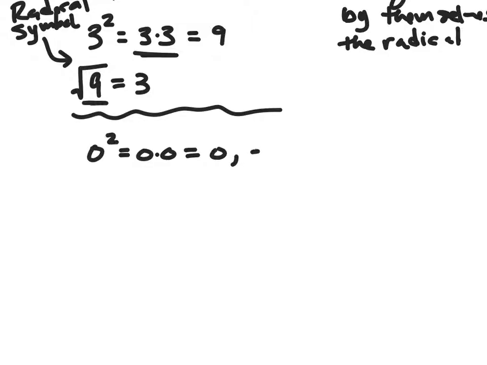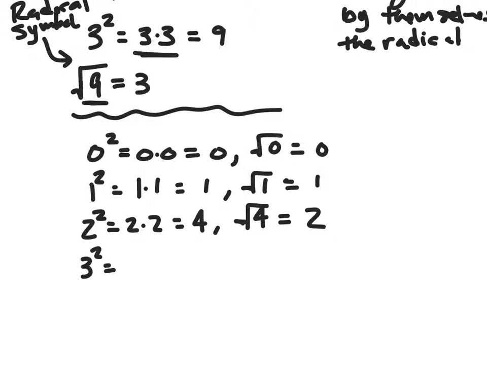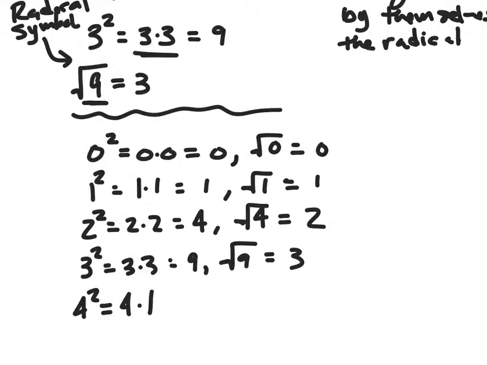So the square root of 0 is 0. 1 squared is 1 times 1, which gives me 1, so the square root of 1 is 1. 2 squared is 2 times 2, which gives me 4, so the square root of 4 is 2. 3 squared is 3 times 3, which is 9, so the square root of 9 is 3. 4 squared is 4 times 4, which is 16, so the square root of 16 is 4.